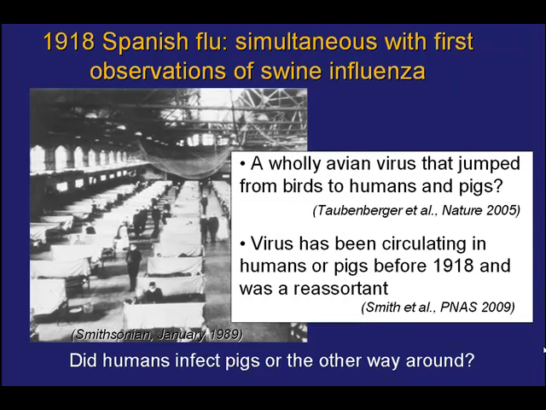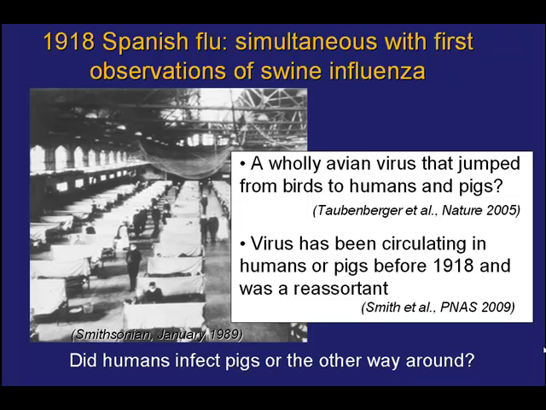Recently, the team of Dr. Jeffrey Taubenberger started to sequence the whole genome of the 1918 virus using fixed and frozen lung tissue specimens from 1918 victims, and they concluded that the virus was an avian virus and that it jumped to humans and to pigs shortly before the start of the pandemic.